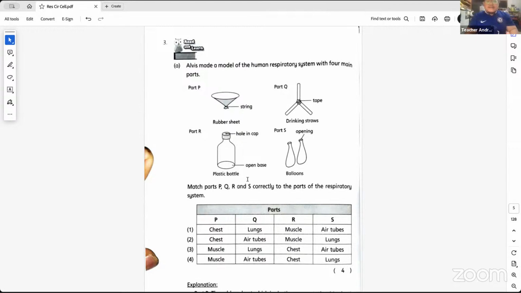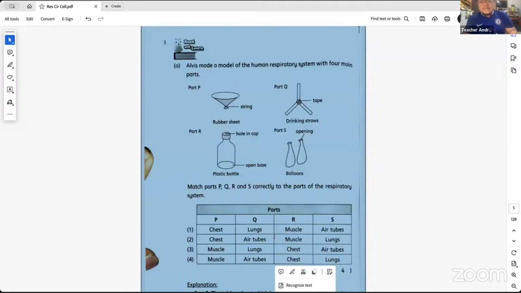So in this case, for this experiment, P is actually the chest muscle. Whereas Q is the air tube or the windpipe. We have R, the bottle, as the chest, and we have the balloon that acts as the lung.